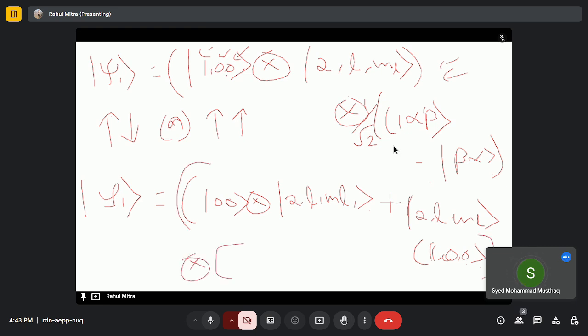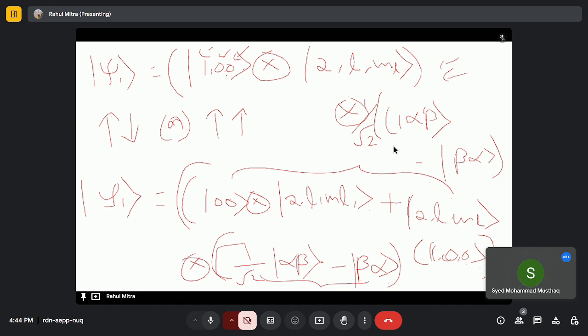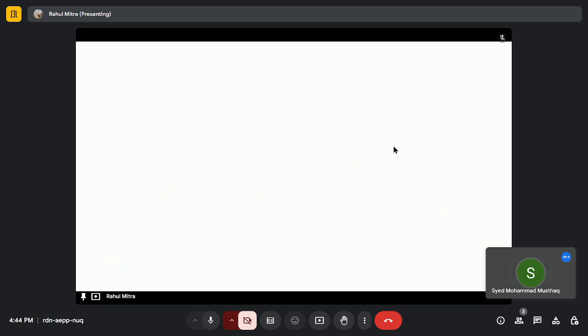Spin can be this or this one, right? This part is symmetrical, but not this part. So this is one quantum state, and this is also called the singlet quantum state. Singlet means plus half, minus half. Going to the triplet quantum state, it is the same, but the negative term will be here.